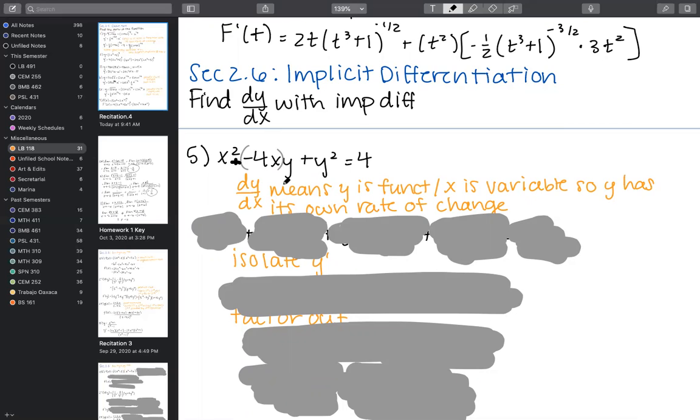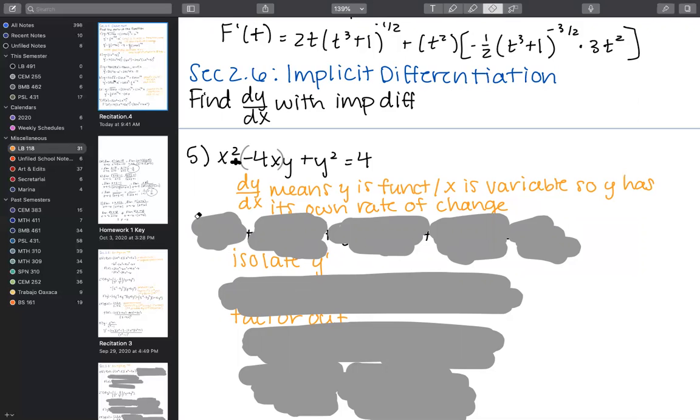But implicit differentiation is different because we have the variable and the function in the same equation, in the same string of math. I'm not really sure what the right word is to describe it, but we treat x just as a variable, and we differentiate it normally as we have already with the chain rule. We treat y as a variable and as a function, and we'll see what that looks like now.